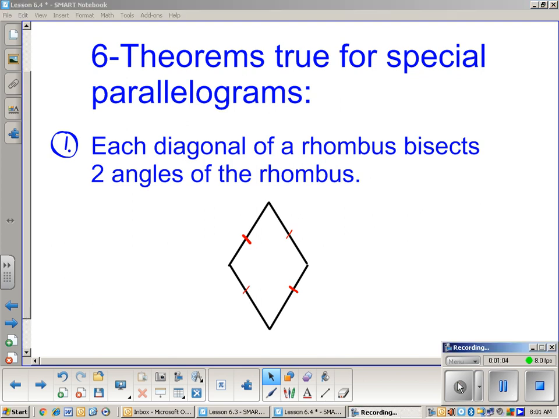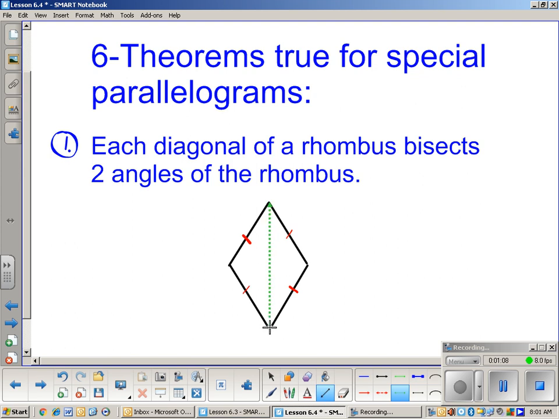So what this is saying is if I draw in the diagonals to this special parallelogram, what is this? Diamond. Yeah, what's the math name for a diamond?